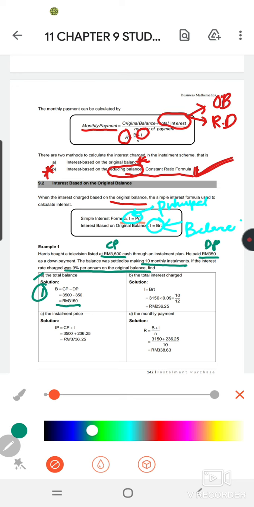So the next question is the total interest charge. If he wants to do it by installment, there has to be interest. Here it says interest based on the original balance. So if it says interest based on the original balance, you use the formula I equals BRT. The original balance B, we take from question 1 earlier, which is 3,150.